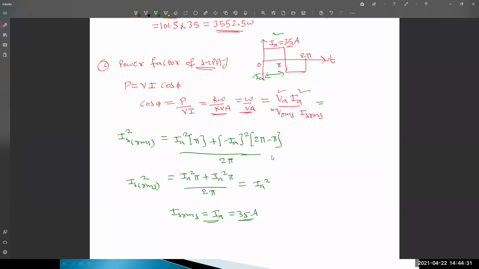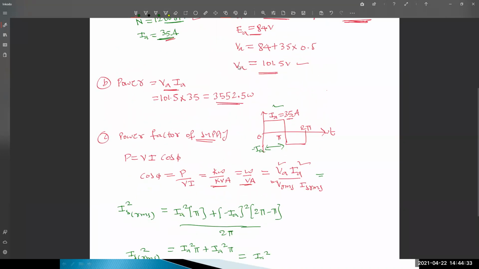Substitute here. VA is equal to how much here? 101.5. So substitute here: 101.5, IA armature current 35, and VSRMS 230, into 35.